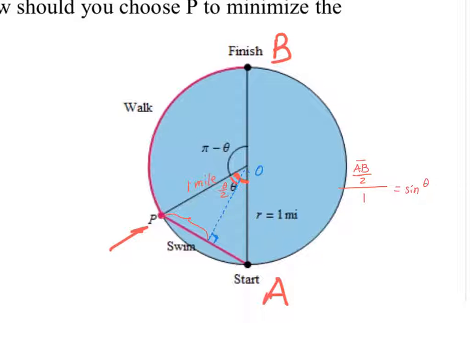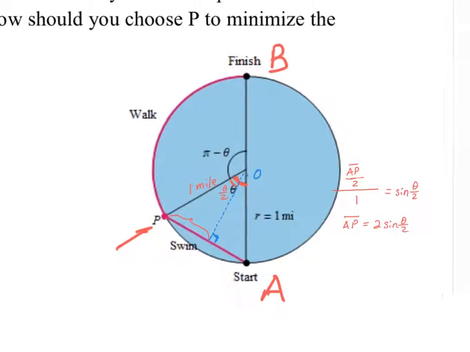So in other words, if you simplify, what is not AB, but AP. So AP should be equal to 2 times sine of theta over 2. So this is the first way that you can find this AP.